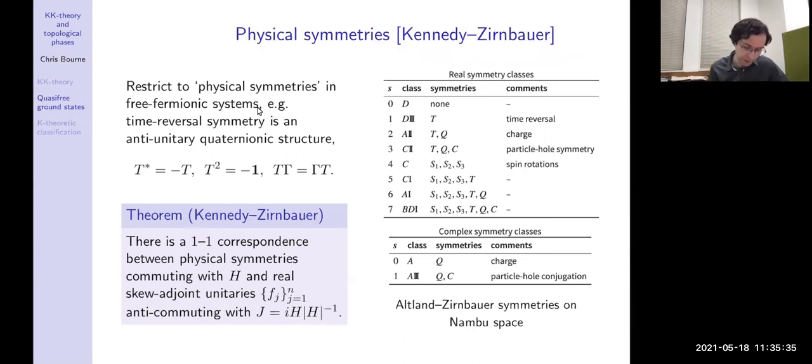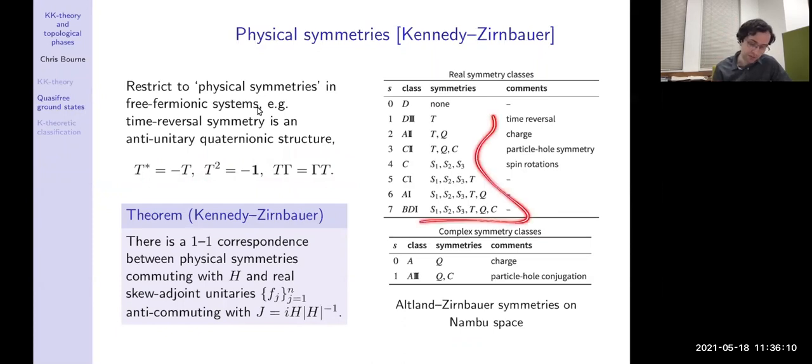So again, we have all these symmetry type operators, and all of them are going to commute with my Hamiltonian. These are the symmetry type classes and the operators that can appear. I've not gone into detail about what any of these are, but as an example, a time reversal symmetry is going to be a so-called anti-unitary quaternionic structure on our Nambu space. So it will be skew-adjoint, it will square to -1, and again, it needs to commute with both the Hamiltonian and the real structure.